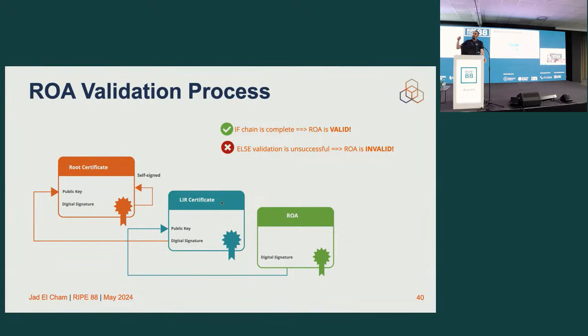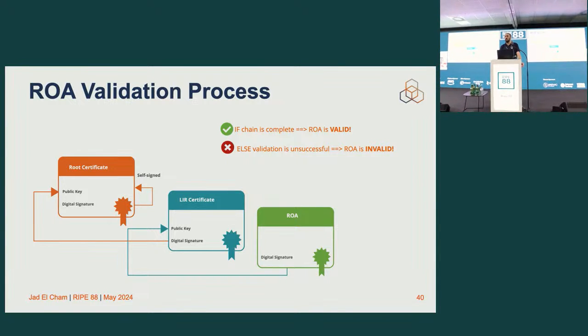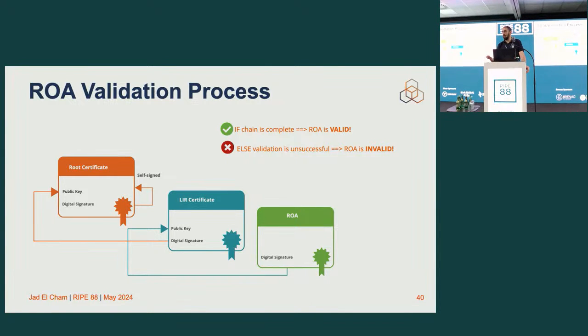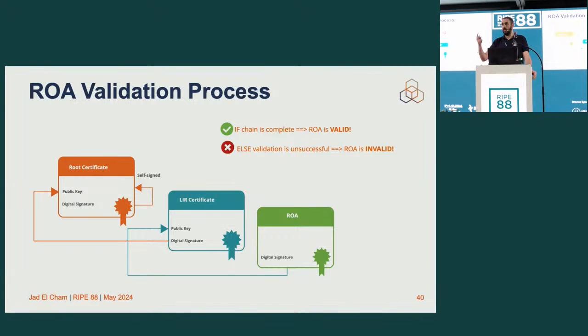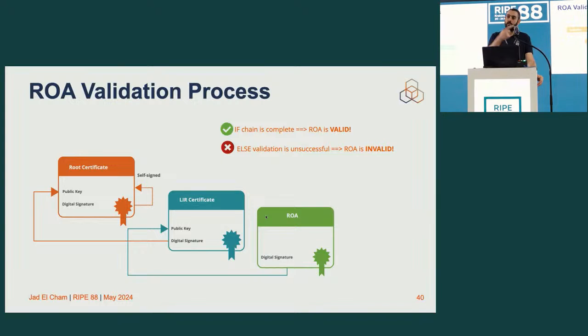So let's look at the information inside the ROA, because the ROA has IP addresses and an ASN, right? So is the IP address inside the ROA included in the certificate and the resources of that certificate? If the answer is yes, then now we have 2 pieces of information. We have first that this ROA was really created by that LAR, and that LAR is the, let's say, legal holder of these resources.